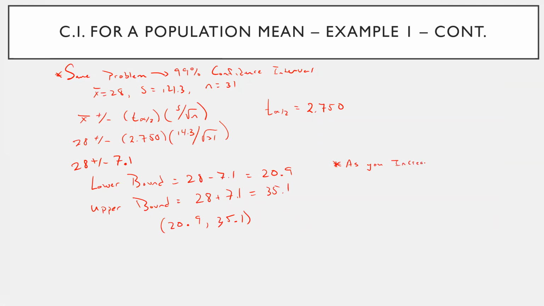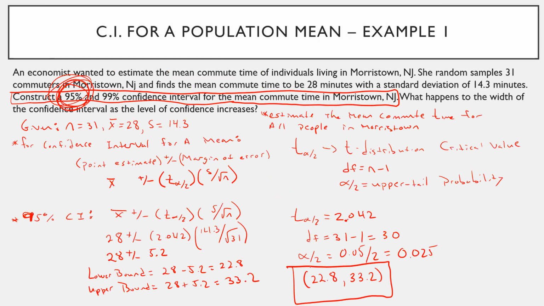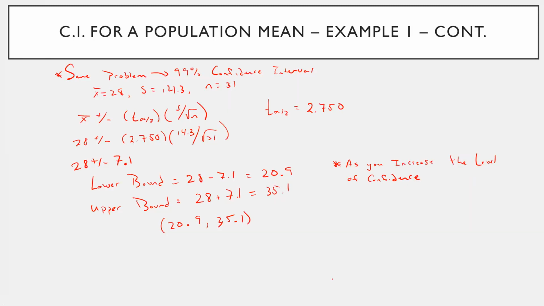So as you increase the level of confidence, okay, so here I went from 95 right here to 99 here. Did the interval get wider or narrower? Wider. Yep. The confidence interval width increases.